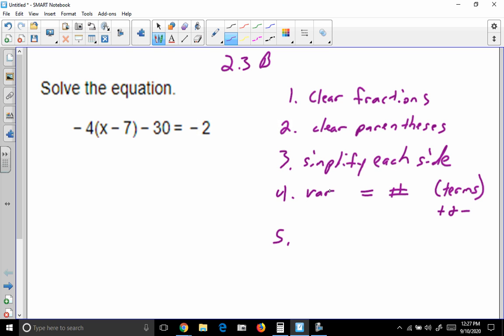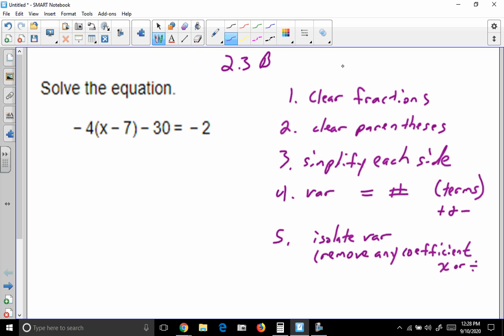After we get our variables on one side and a number on the other side, we want to isolate the variable, or we could say remove any coefficient. And that's going to be done by either multiplying or dividing.